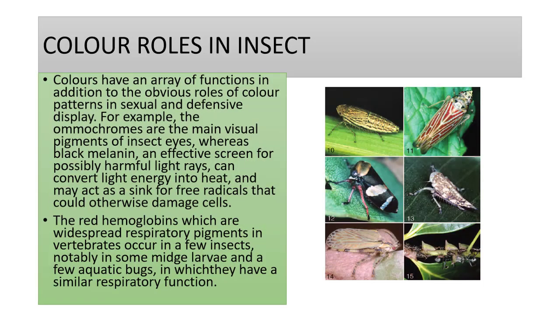Color role in insects. Different types of insects have different patterns and colors, and you differentiate them by it. Some insects have a color like a leaf. You do not see them with the naked eye. When you focus on the plant, then you see that some insect is present on it.